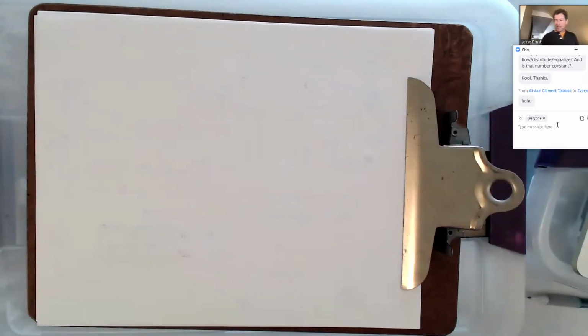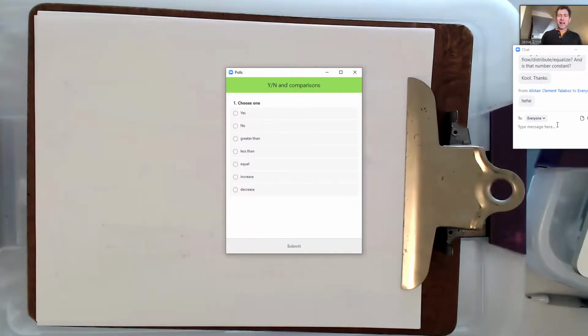Oh, in fact, I want to take a quick poll of people. All right. So, yeah, let's use, I only have a few polls. Don't answer yet since I haven't asked the question. So greater than, less than, or equal.